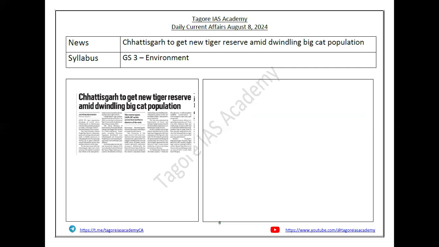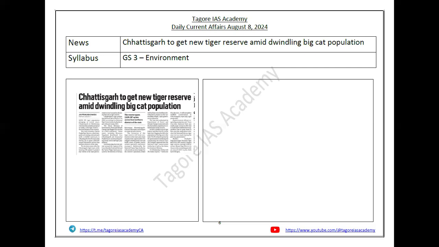Okay. Next, there is a small topic, small news rather. There is one new tiger reserve coming up in Chhattisgarh. I have not written the name, and the precise purpose is that you go through it and write down the name in your own notes. Otherwise, it is Guru Ghasidas Timor Pingla Wildlife Sanctuary being converted into a tiger reserve.